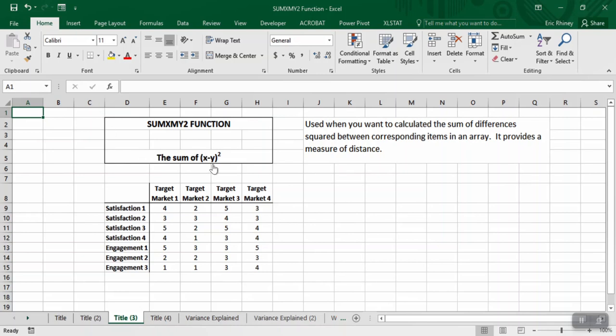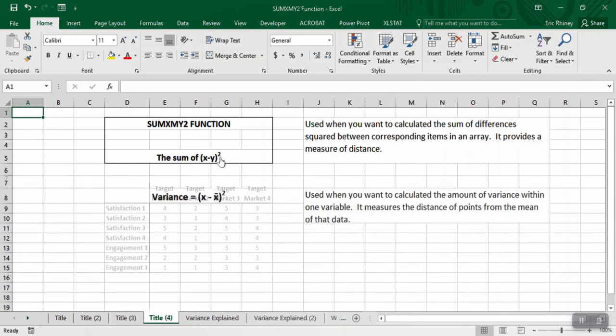SUMXMY2 function. One of the things you should think about is this square. What is the purpose of this square? A good way to think about this is to compare this formula to that of the variance formula. They look very similar, and the difference is that with the variance, we're looking at only one set of data.